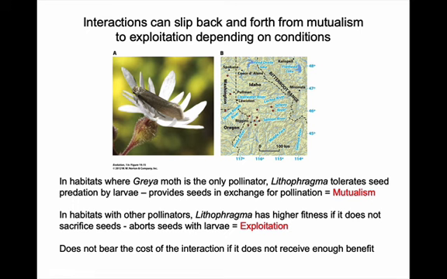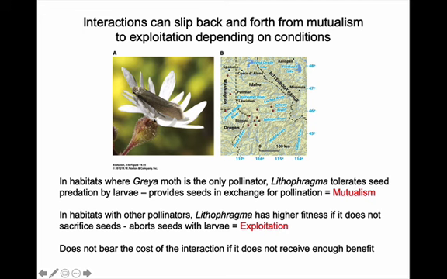So if you're the plant, you're asking yourself, well, I get pollination services from these other species. Why should I tolerate these moths eating my seeds? So what they do is they abort the seeds with larvae of the moths. The pollinator is still pollinating, but the plant is now denying them a reward in return.